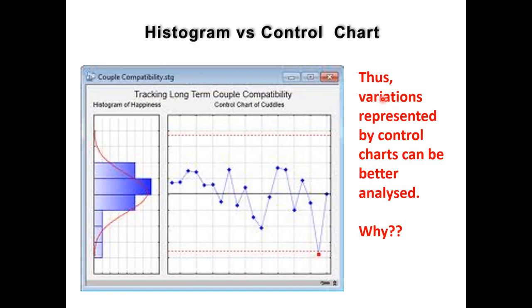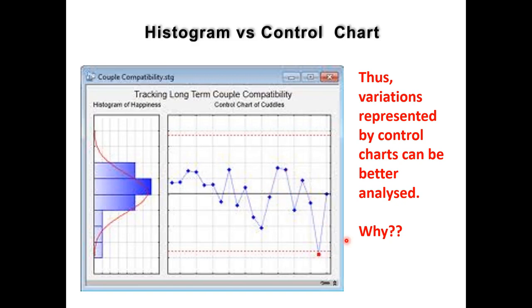Therefore, variations represented by a control chart can be better analyzed. You can see not only the positioning of these points and exactly at which point in time it occurs, but you can also detect the variation from one point to another.